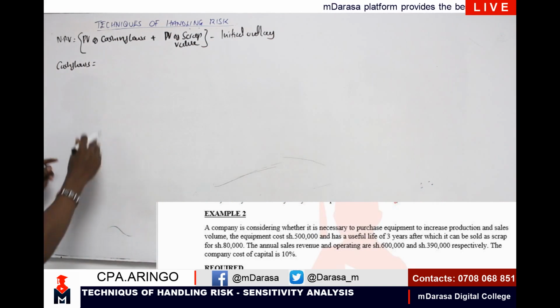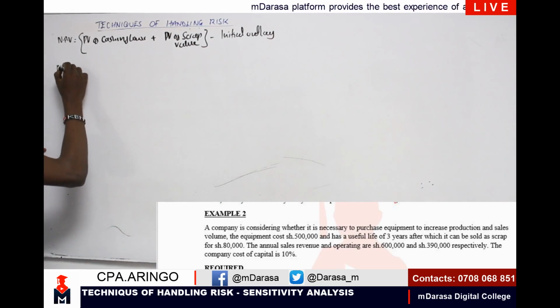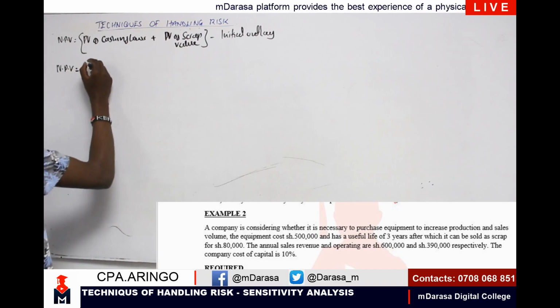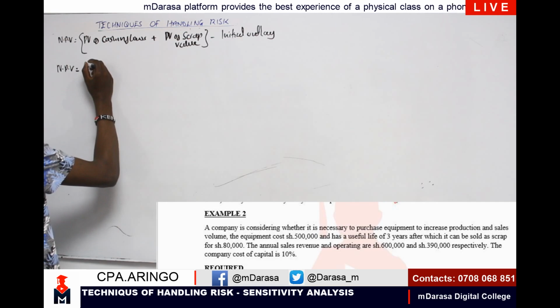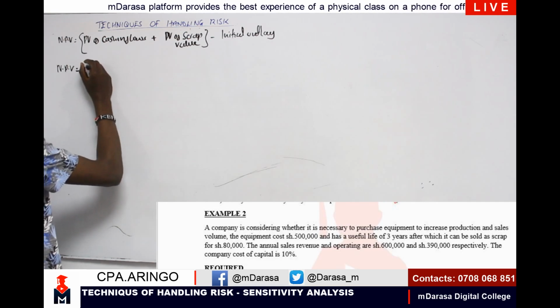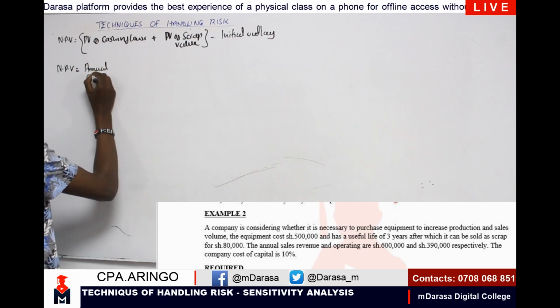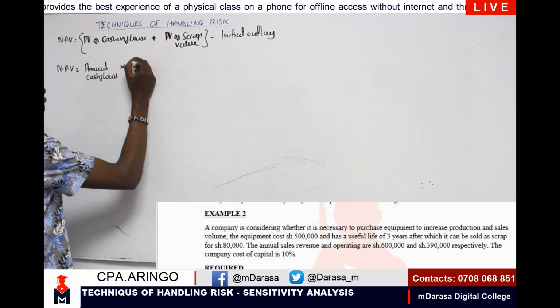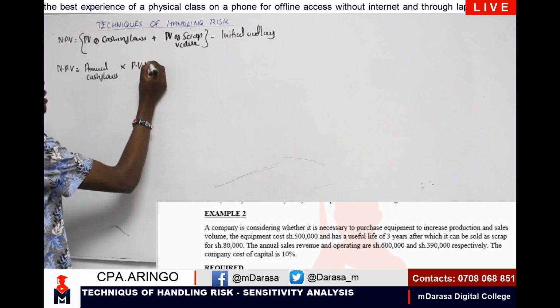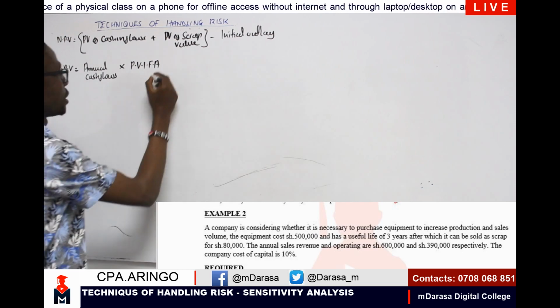So, in other words, if we were to break this, basically, we can have our NPV to be equal to our annual cash flows, we multiply by present value interest factor annuity, given our rate and number of years.